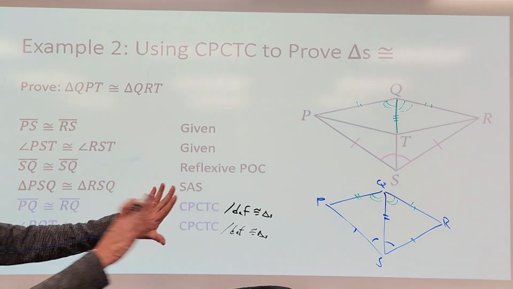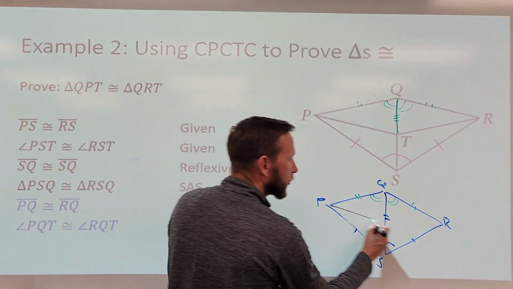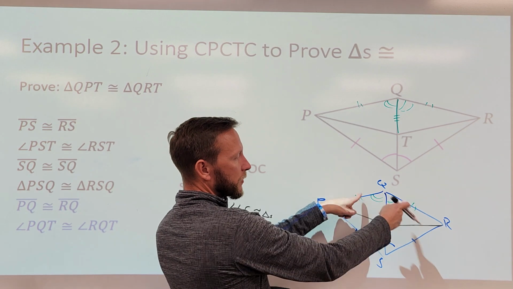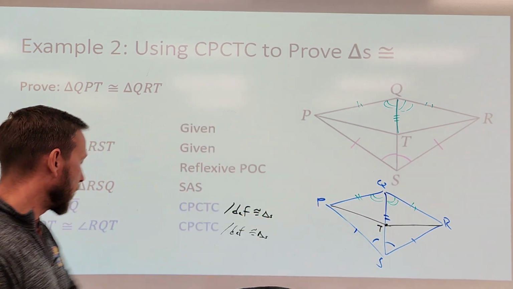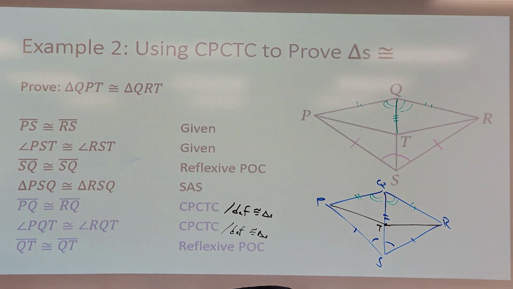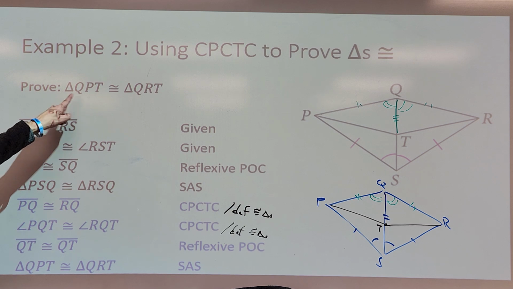I know that these triangles overlap, so it's maybe hard to see, if that's point T, that we have CPCTC from another pair of triangles. We also have QT congruent to itself by the reflexive property of congruence, and therefore those triangles QPT and QRT are congruent by side angle side.